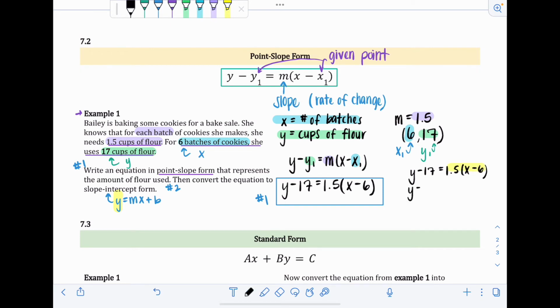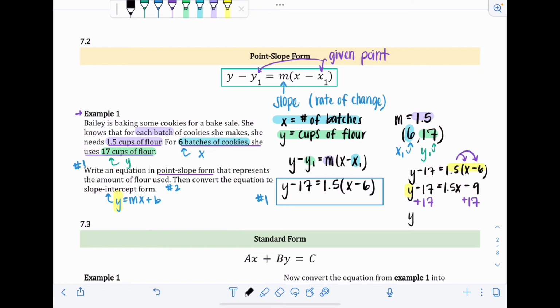So it'll be y minus 17 equals, and I'll go ahead and distribute. So 1.5 times x is 1.5x. And then 1.5 times negative 6 turns into a negative 9. And then my goal is to get the y by itself eventually, so I need to cancel out that minus 17, so I'm going to add 17 to both sides.